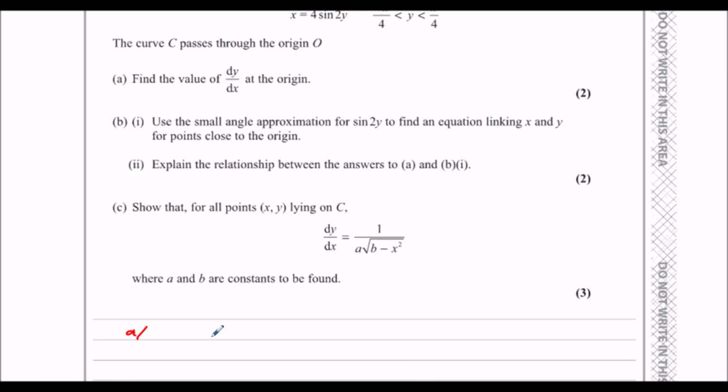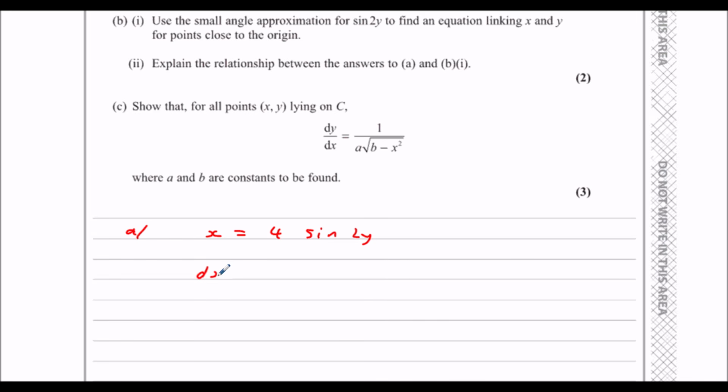So x is 4 sine 2y. dx/dy is, so sine differentiates to cos. So we've got cos 2y, then times by the bracket differentiated, which is 2. So it's going to be 8 cos 2y.